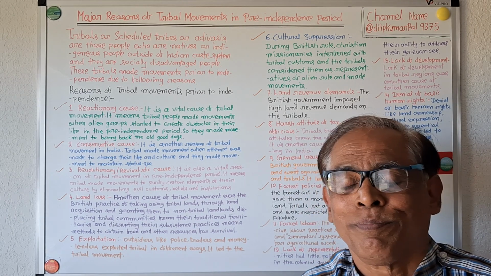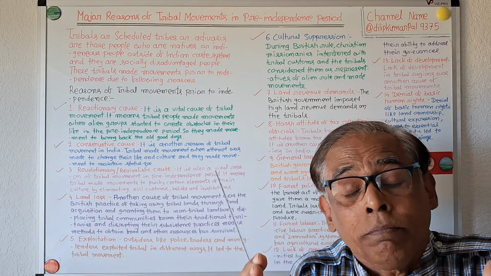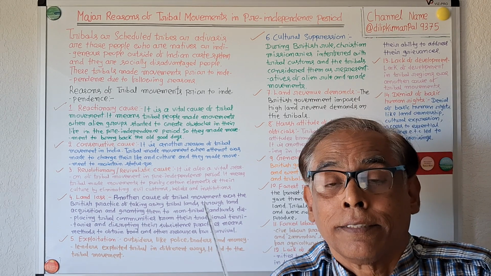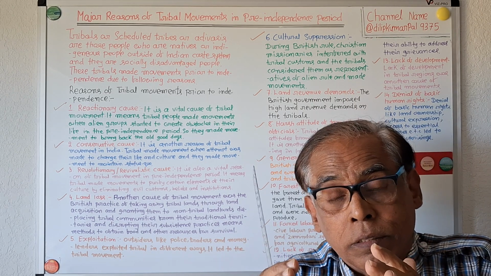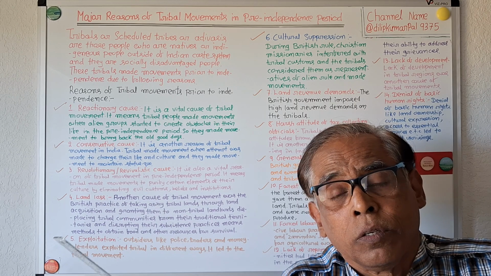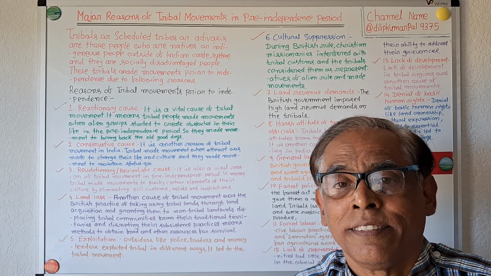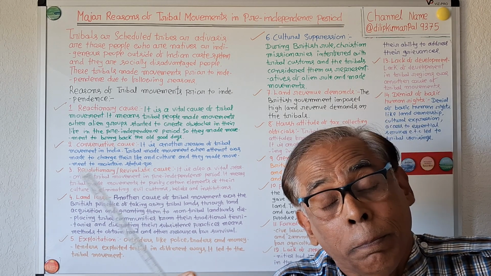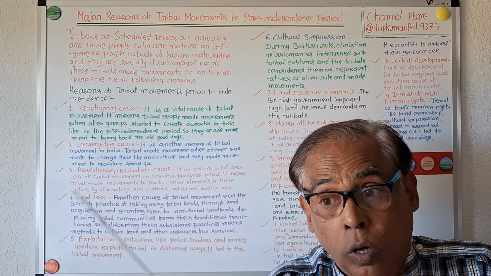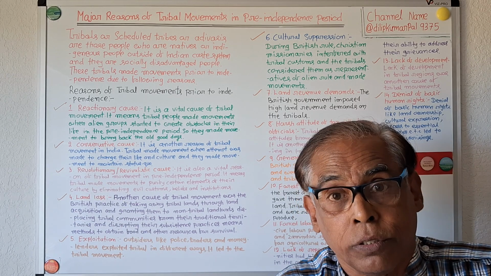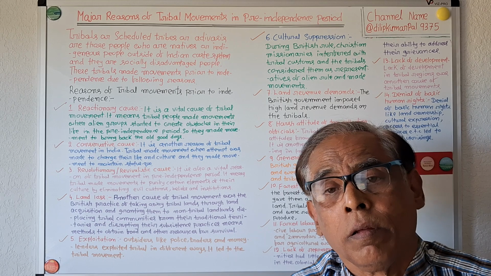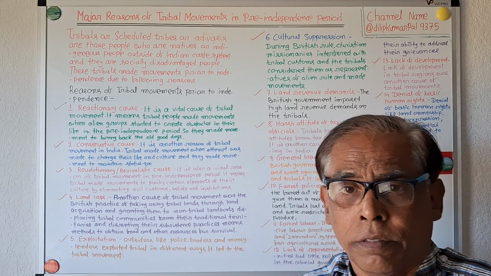On the other hand, they were deprived of subsistence practices, means tribals were collecting food from the forests and they were deprived of this right to collect their food from the forest.